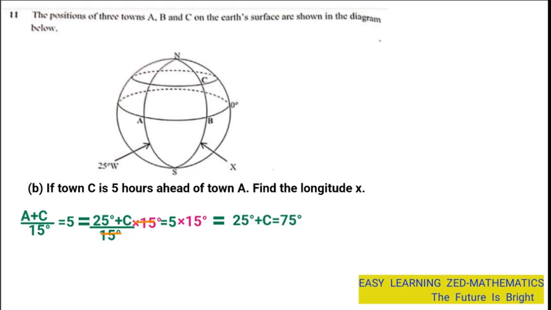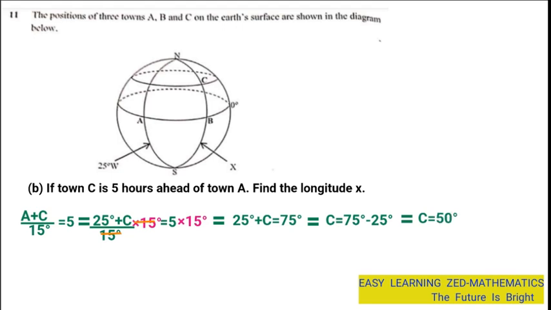At this time, we're going to put like terms together. So C is equal to 75 minus, now when the 25 crosses the equal sign, it becomes minus 25. Then 75 minus 25 gives us the answer, C is equal to 50 degrees.